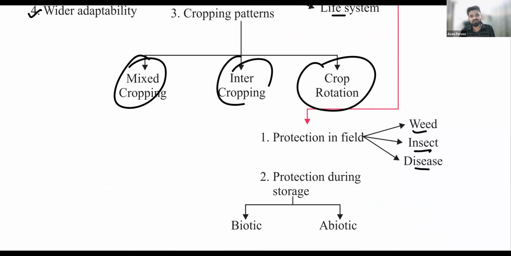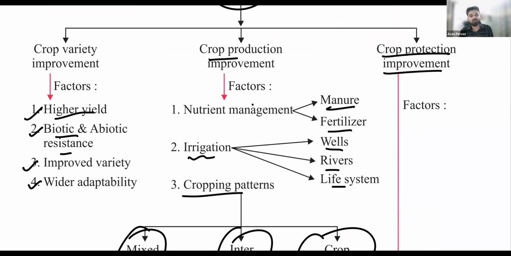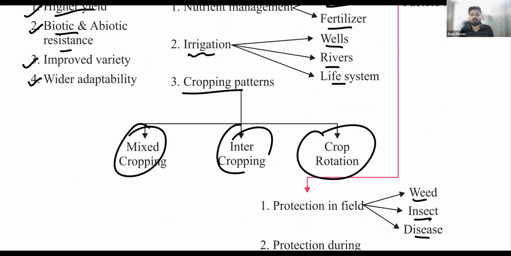So have you noted this one? Note this one. Mixed cropping, then cropping patterns. We are going to study mixed cropping, intercropping, and cropping patterns. We have just three types of cropping patterns, and the last one is crop protection improvement: how can we improve the conditions that will help us keep our crop after we have cut it and while it is in the field.